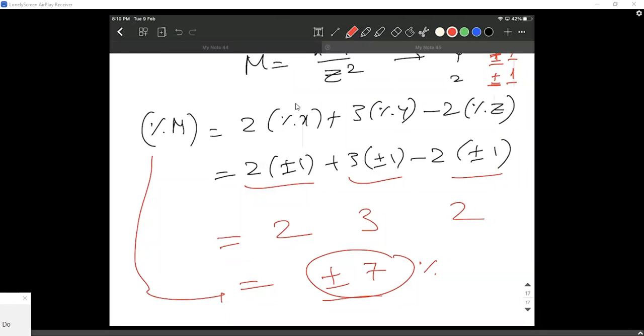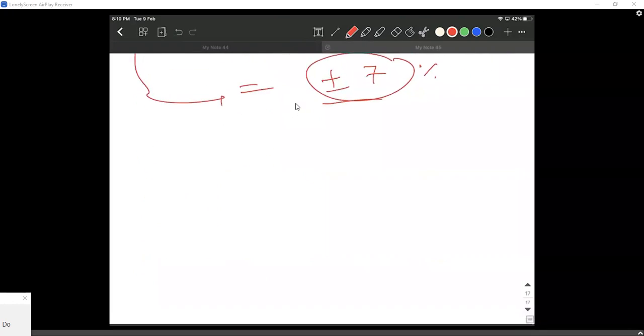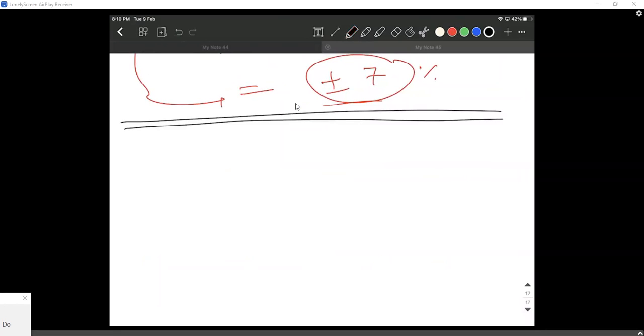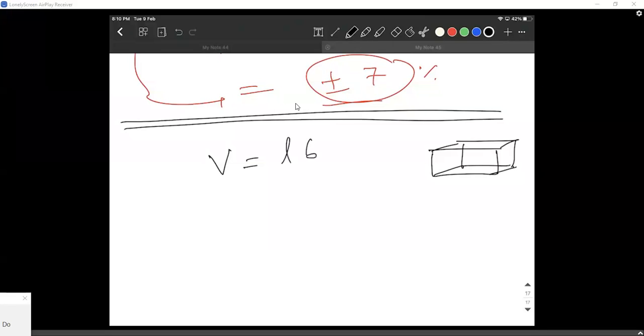Understood, sir. Yeah. So let me give you another question. You try to find the answer. Volume of a cuboid is L into B into H. The percentage error in L is 2%, in B it is 1%, in H it is 1%. What is the percentage error in volume?